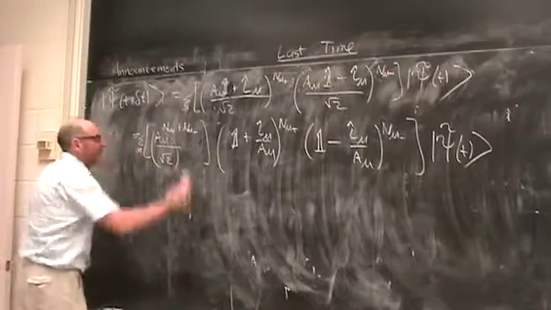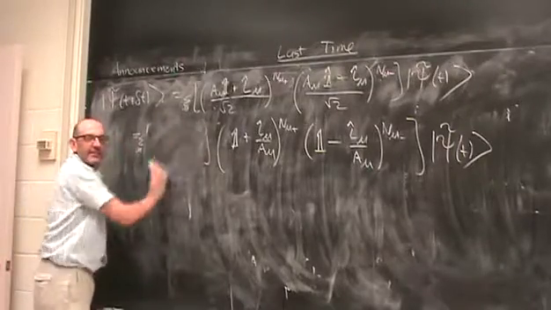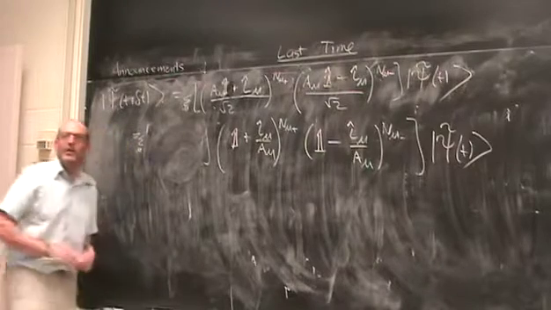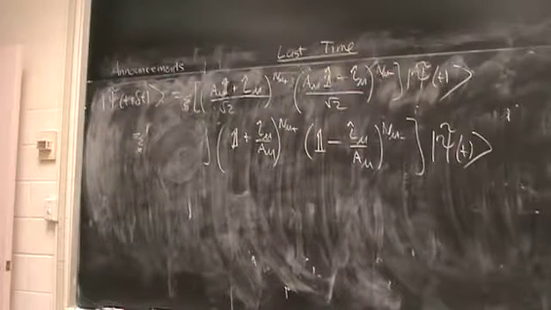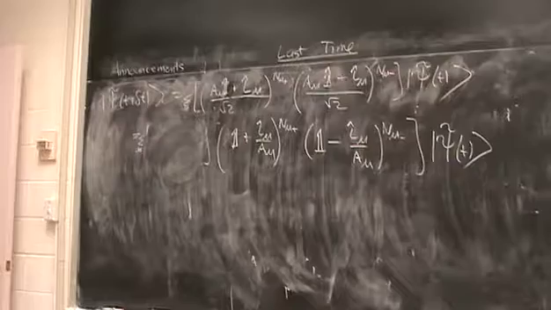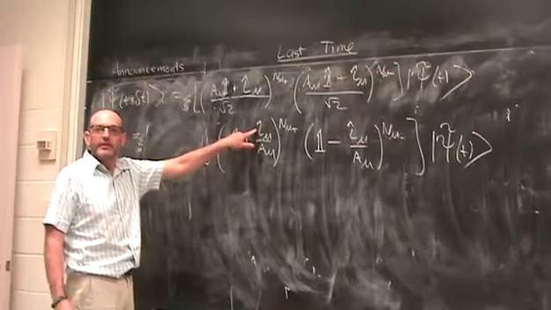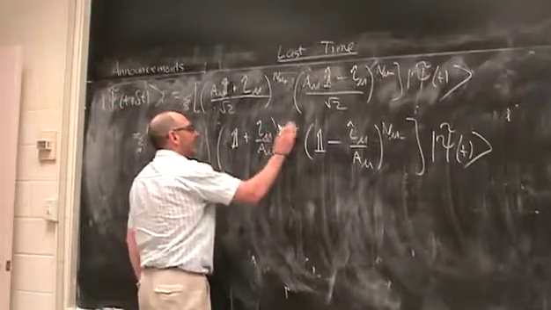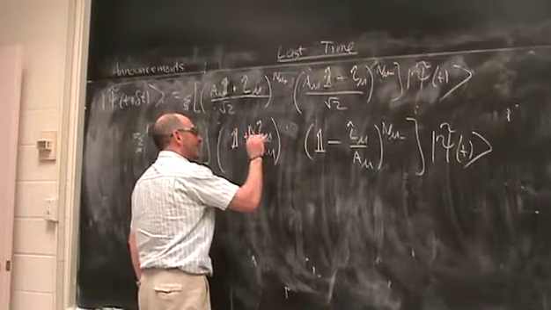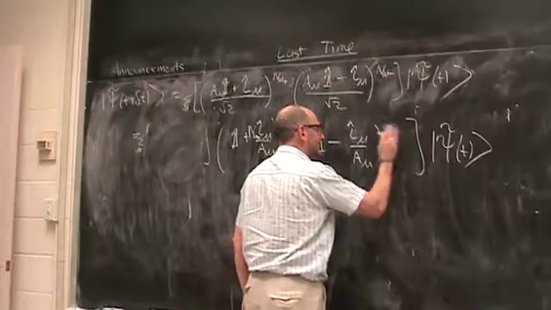There's no reason to keep this around, because this is the unnormalized state anyway. Ultimately, we have to renormalize it. And then since this is huge compared to this, we can use the binomial expansion, put that in here.